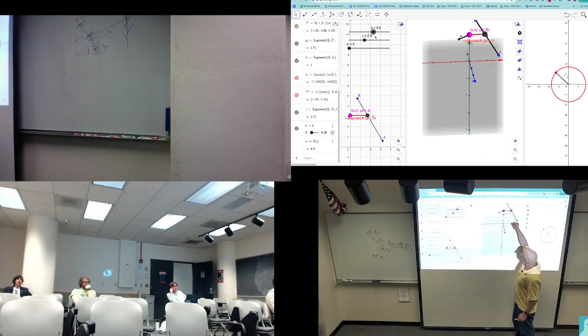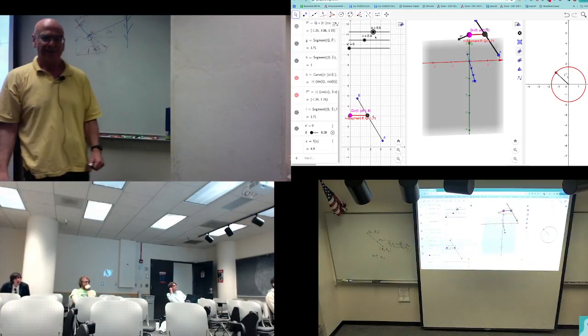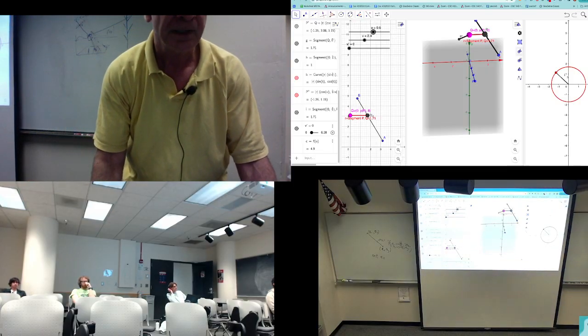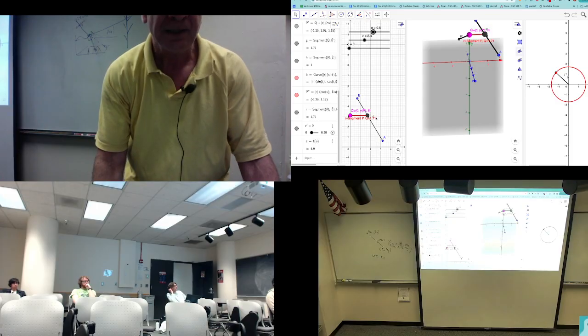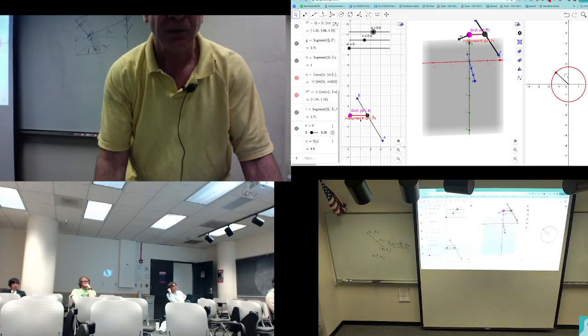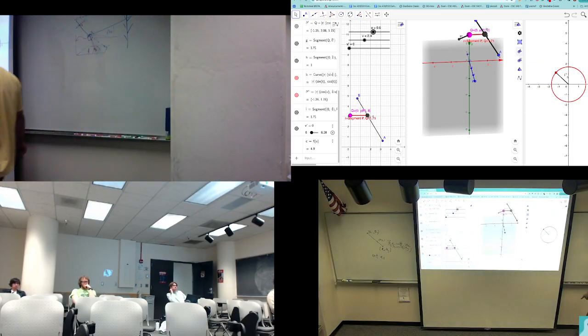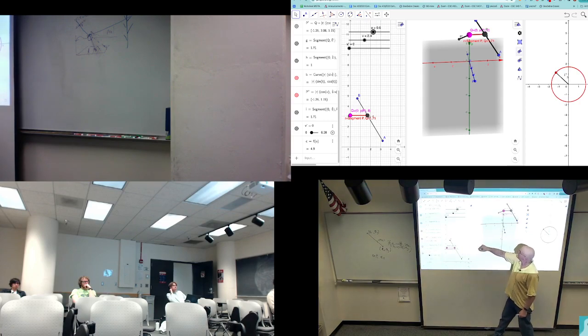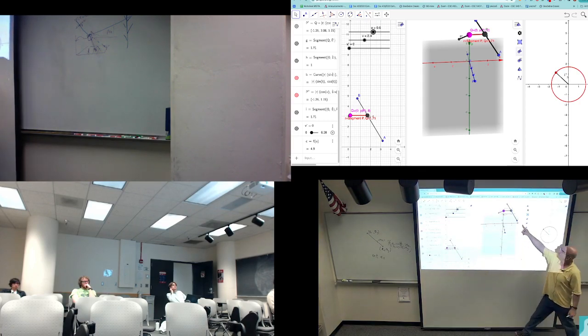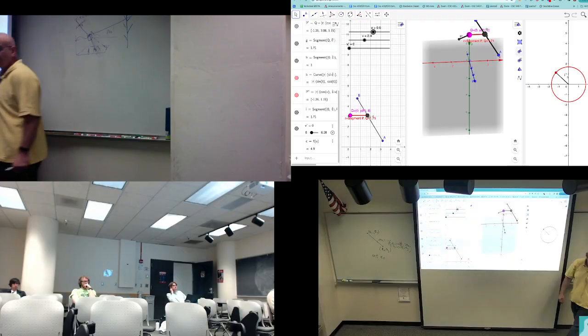I want to take this point of the segment, and that will be a radius. So for this particular time t, I'll treat it as the radius of a circle that you can see over here.